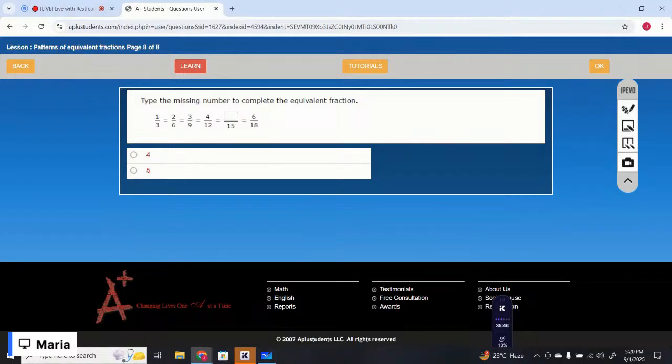Type the missing number to complete the equivalent fraction. That is 5 over 15. Option number 2.